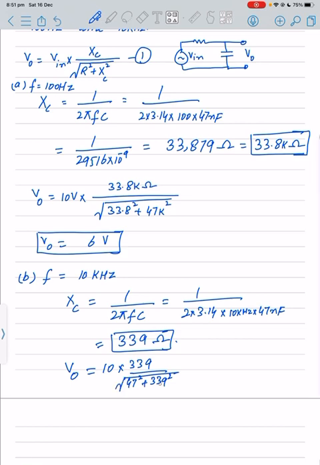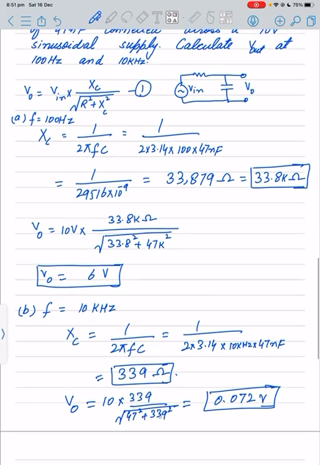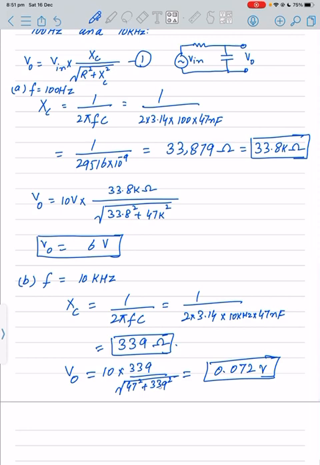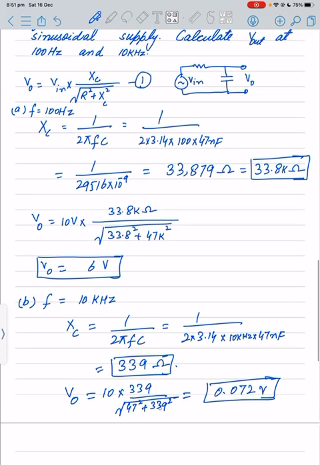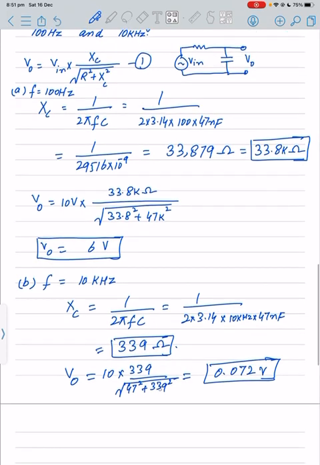That will be approximately 0.072 volts. So you can see that as you increase your frequency from 100 hertz towards 10 kilohertz, your output voltage has decreased to almost zero.